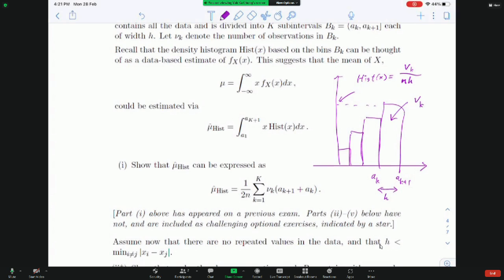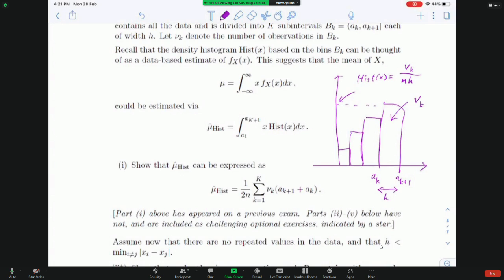Now, one very important feature of the histogram is that the area must be directly proportional to the count. So the area of this block will be directly proportional to the count Vk. It depends on whether you are constructing a frequency histogram or a density histogram.